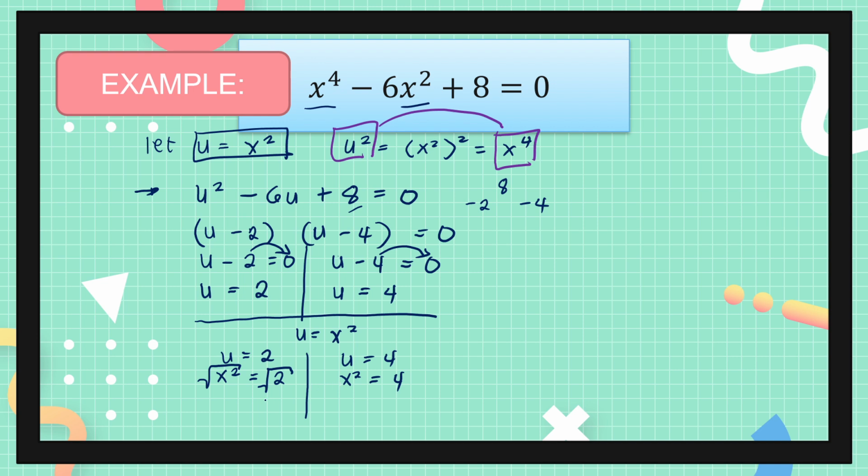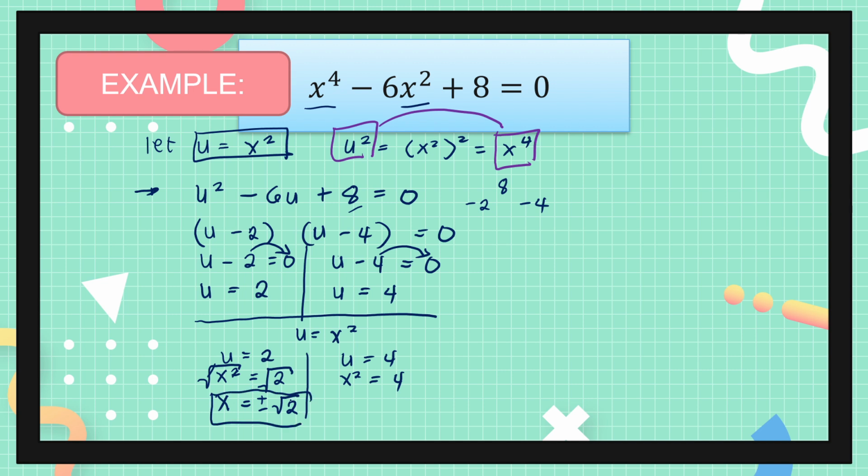So in the first value of u, which is 2, we have here x squared equals 2, and it will give us the square root of x squared, which is x. That is x equals the square root of 2, since 2 is a non-perfect square, and it will give us the result of positive and negative square root of 2.